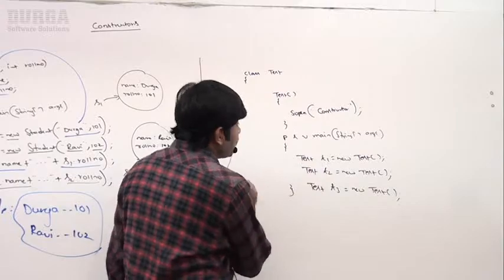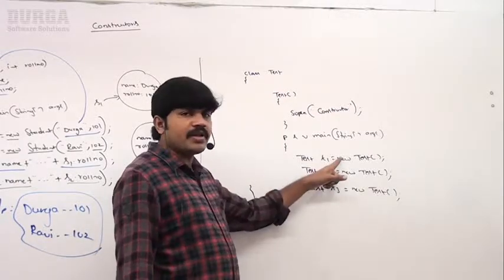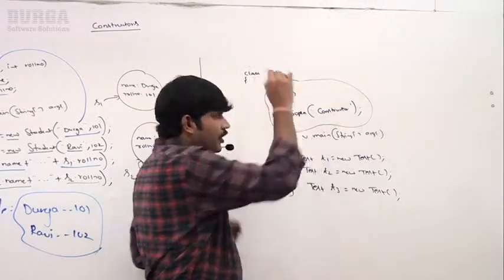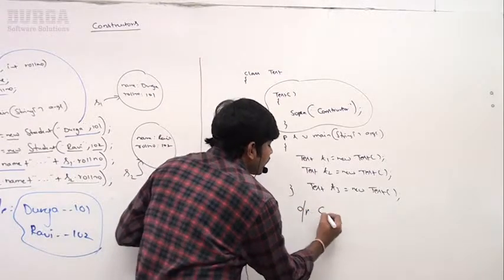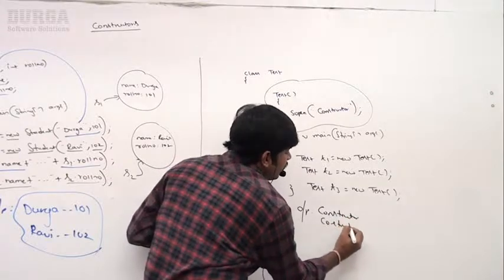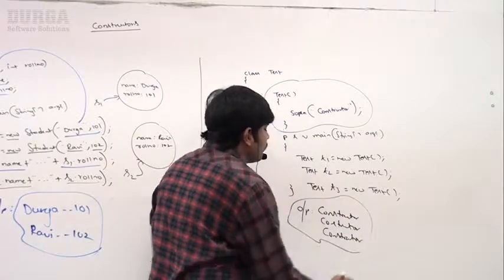Then how many times will the constructor execute? Definitely 3 times. For every object creation, the constructor will definitely be executed. So what is the output we are going to get? "constructor", "constructor", "constructor". 3 times it is going to come.